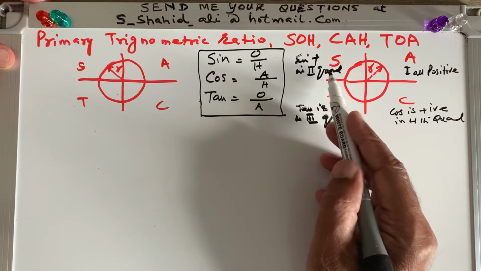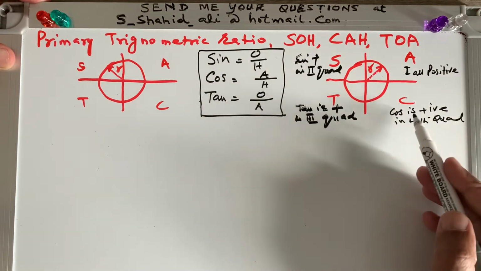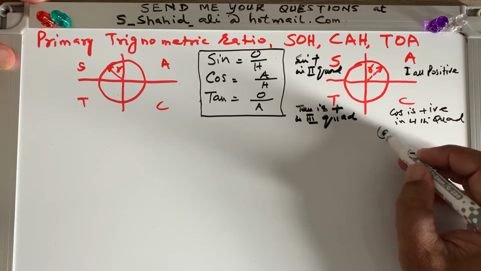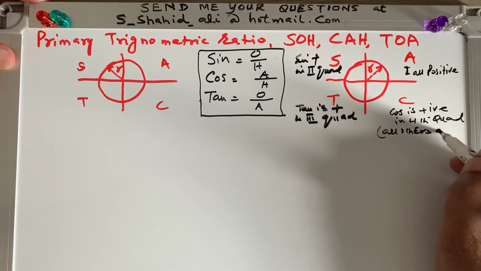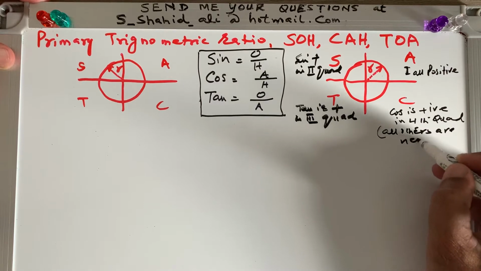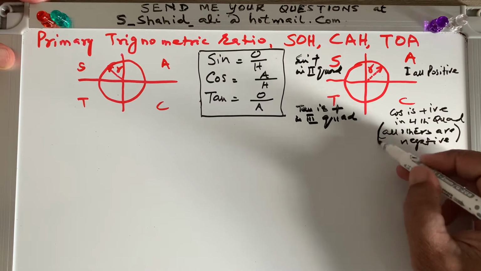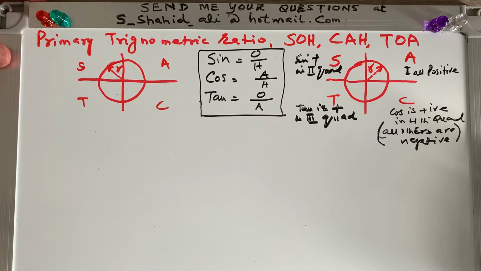Sine is positive in the second quadrant, all others are negative. Cosine is positive in the fourth quadrant, all others are negative, right? So whenever we say that cos is positive or tangent is positive or sine is positive, that means all others are negative.